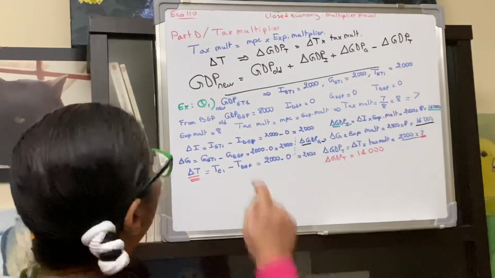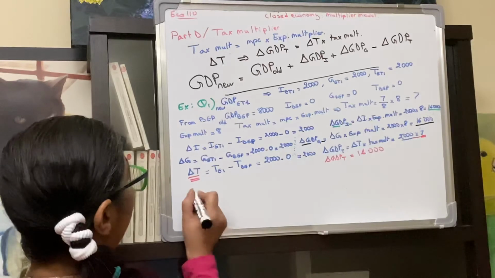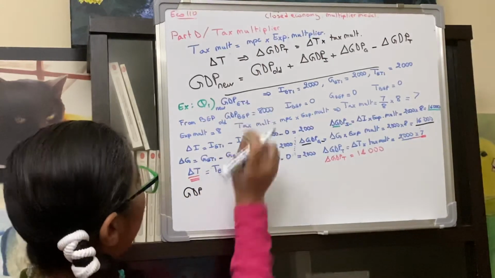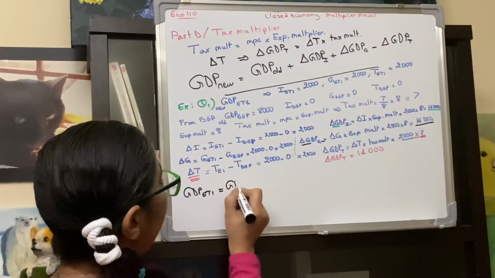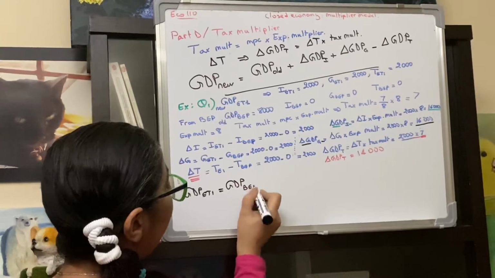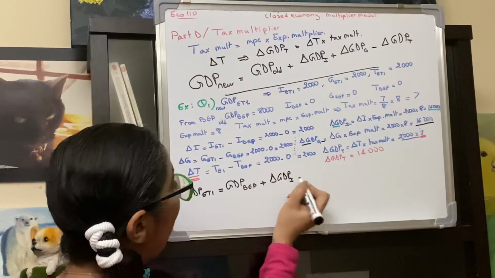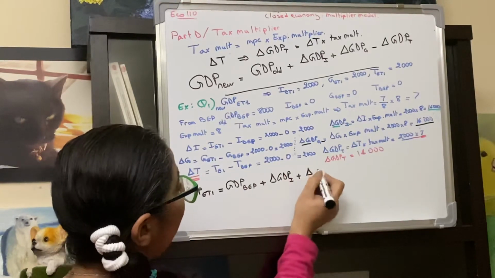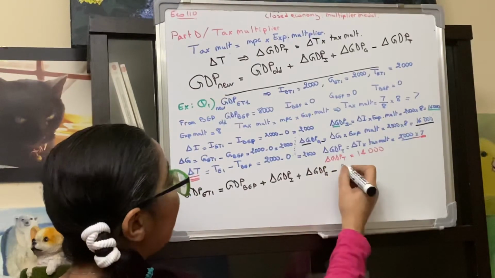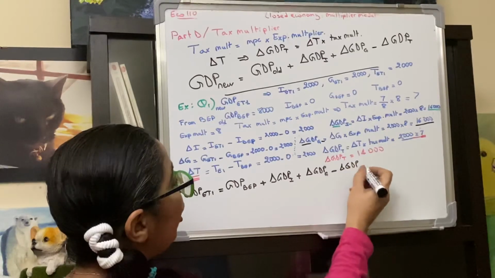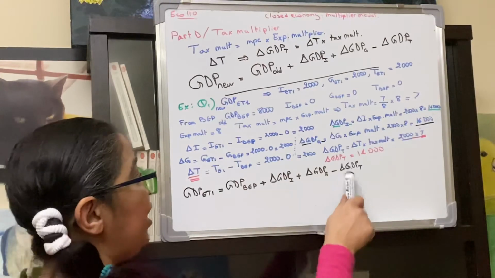Okay? So I'm going to apply this formula. GDP at ET1 is equal to GDP at BEP plus delta GDP due to I plus delta GDP due to G minus delta GDP due to tax. Okay? If you have an increase in tax, you're going to have a decrease in GDP.